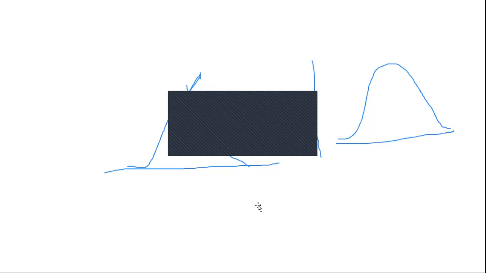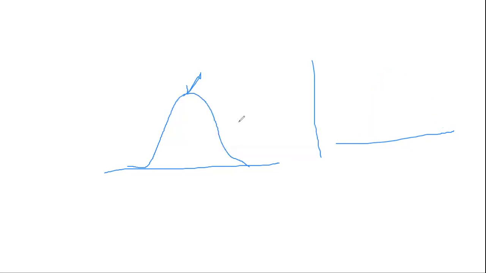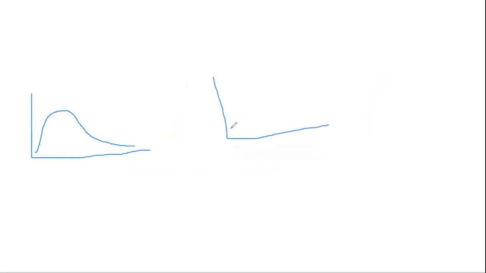How can we show this in the graphical method also? See, this is a positive skewed distribution. If you take this one, this is a negative skewed distribution.